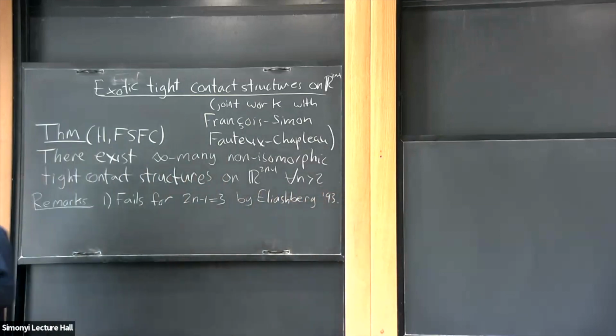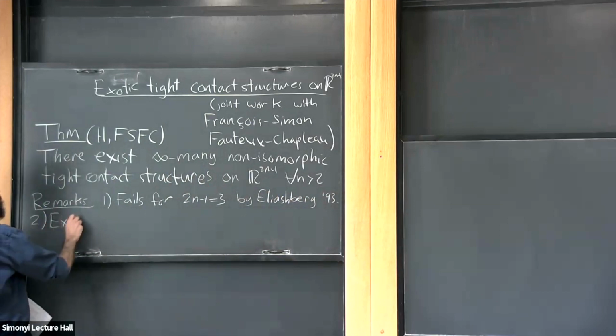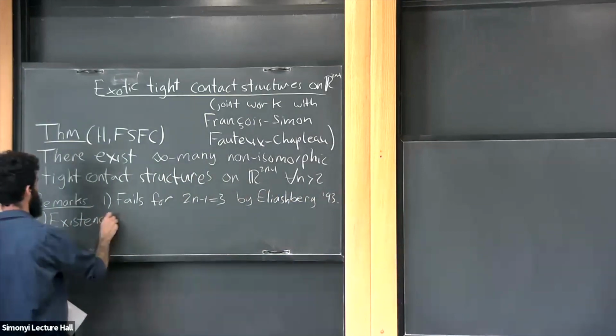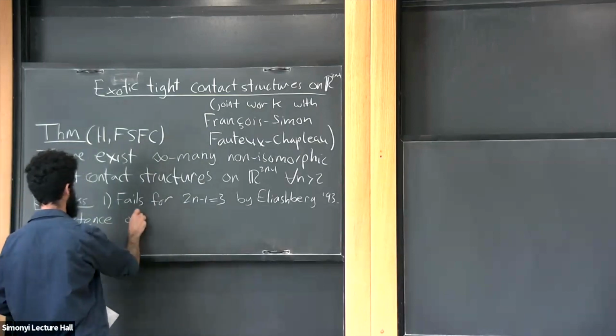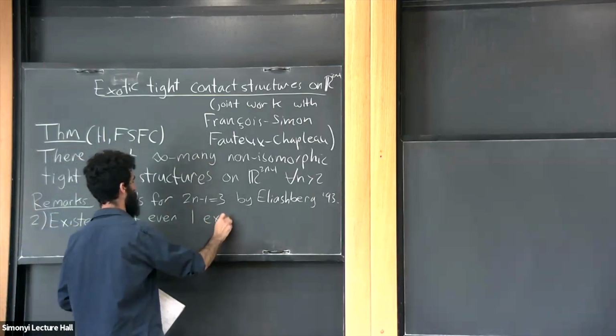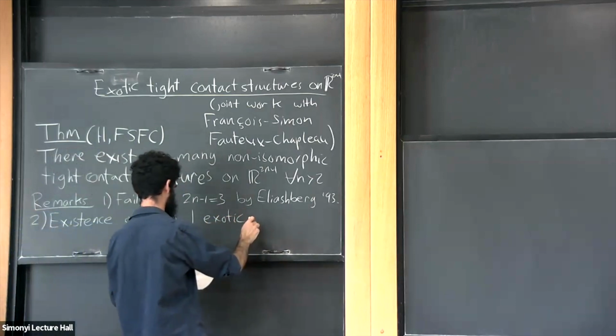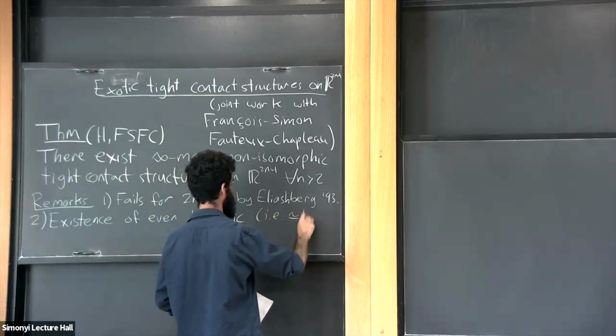Classified contact structures on R^3, and there's only one tight type. Okay, second, as I mentioned, we get infinitely many of them, but it wasn't known that there's one exotic contact structure. So exotic meaning not isomorphic to the standard one.